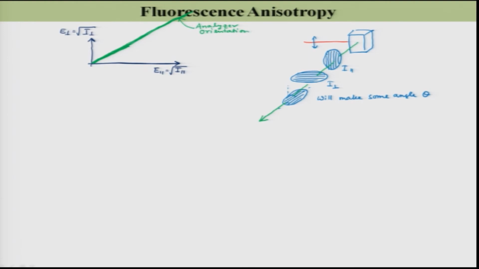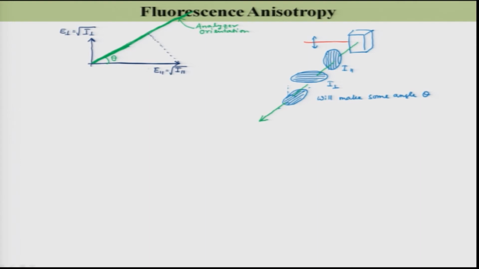And I said that this is oriented at an angle theta from the parallel component. Now, I can simply do some trigonometry over here. The component of E parallel which will be projected on this angle theta, I can calculate it. I will just draw a normal over here.